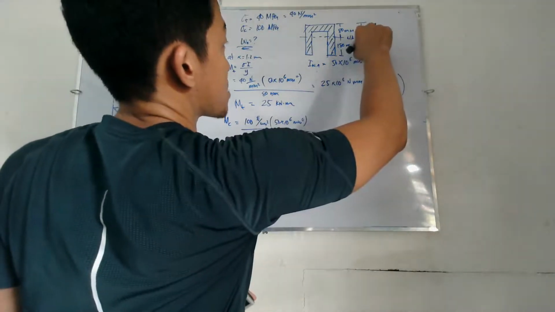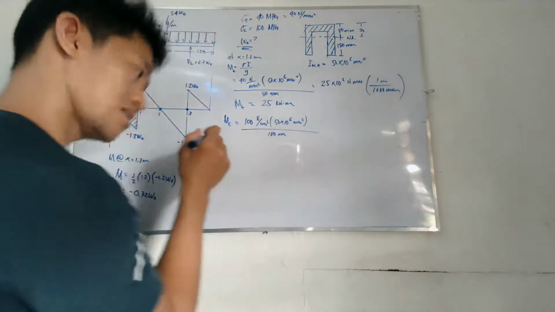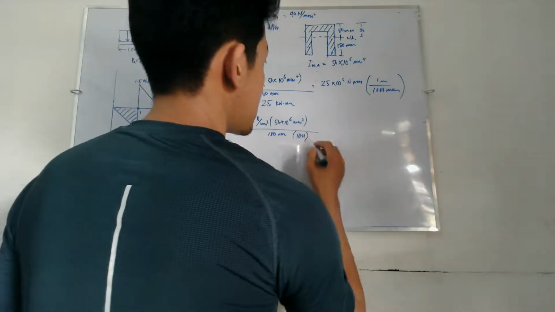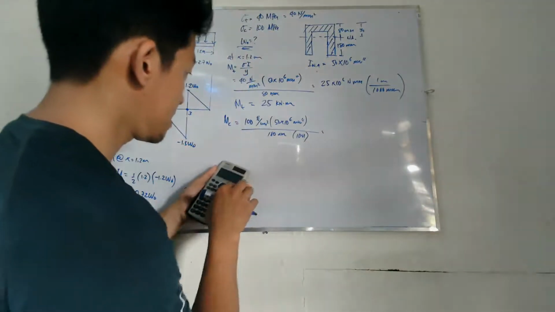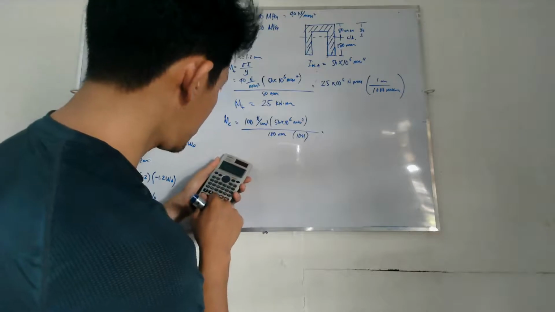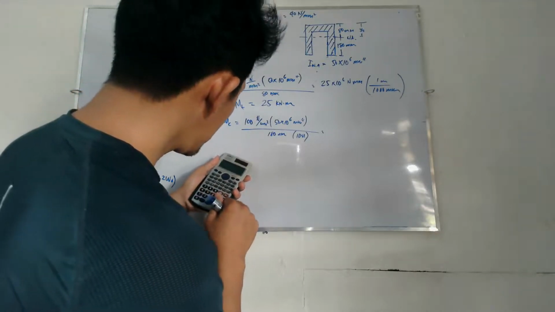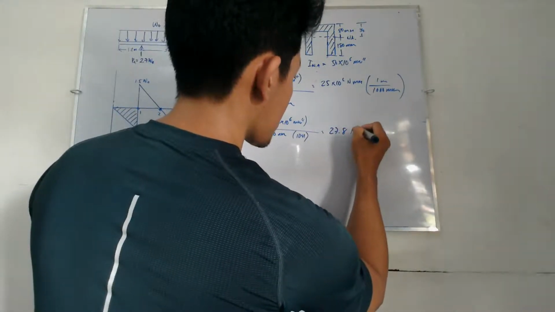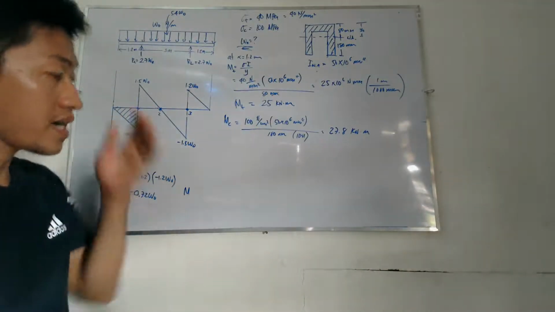Ang y is compression is kani 180. Okay. Divide 1,000 para mahimong Newton meter. .8 kilonewton meter. Okay.